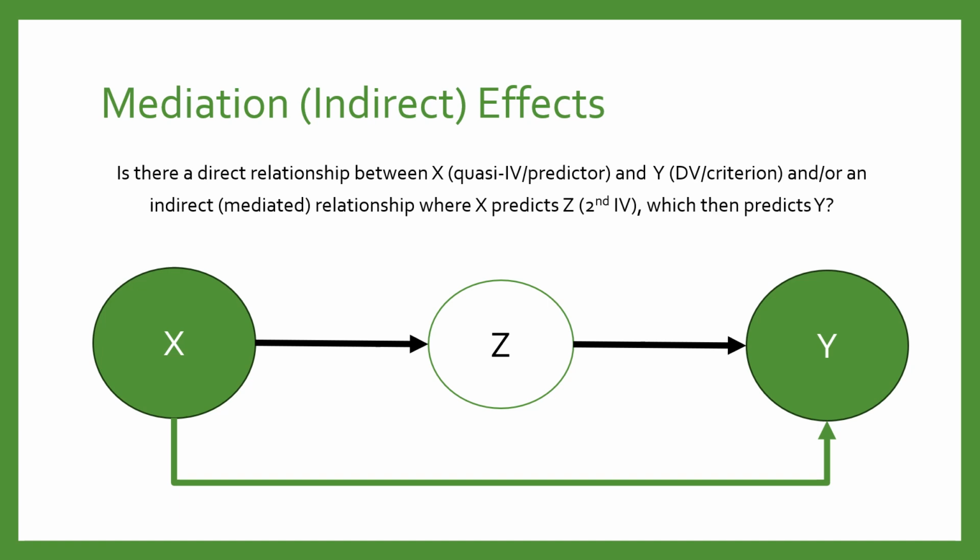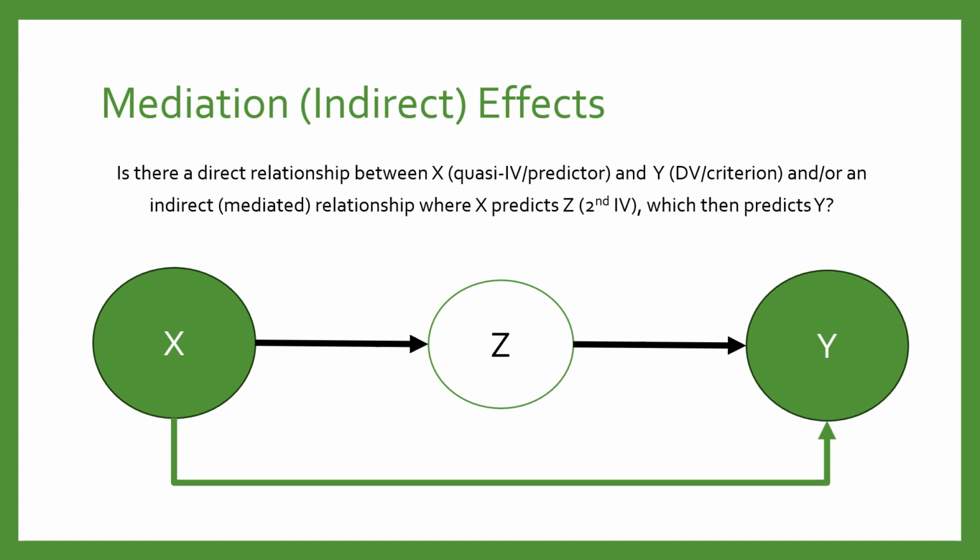mediation analyses allow you to see if the relationship between X and Y is direct, so X directly predicts Y, or if it's indirect, where X predicts Z, Z predicts Y, but X does not directly predict Y. So for example, you could ask, is there a direct relationship between work group diversity, X, and creativity, Y?